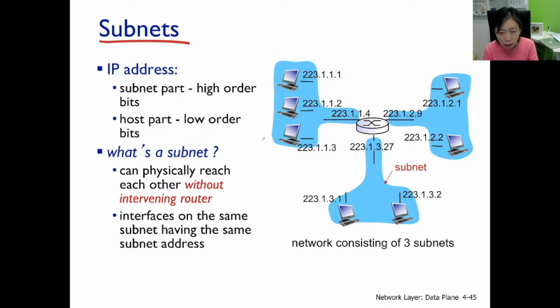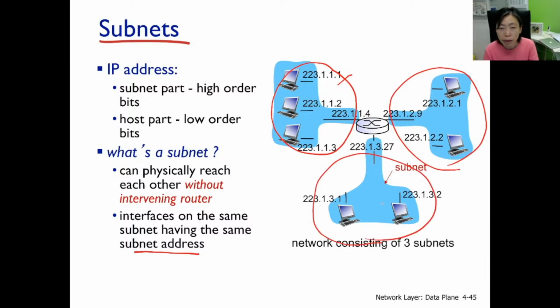Now, only the interfaces that are physically connected will share the same subnet address. So this is subnet 223.1.1. This is subnet 223.1.2, and this is 1.3. Each of them is a subnet, but these two are not in the same subnet because there's a router intervening.